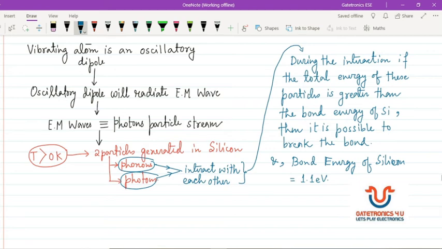And we know that in a bond there are two electrons, and if the bond breaks, an electron will be set free, and this free electron can move freely inside the crystal. In the place of the free electron, there is a scarcity of negative charge that will act as a positive charge called a hole.